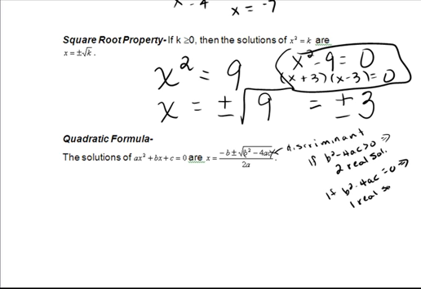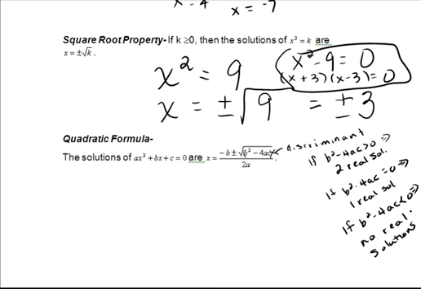And actually it's called a double root because you're adding 0 and subtracting 0, so you get the same number twice. If b squared minus 4ac is less than 0, we have no real solutions. We do have complex solutions, but no real ones. And I believe in our book they don't talk about the complex solutions. No, they don't. I didn't think so.